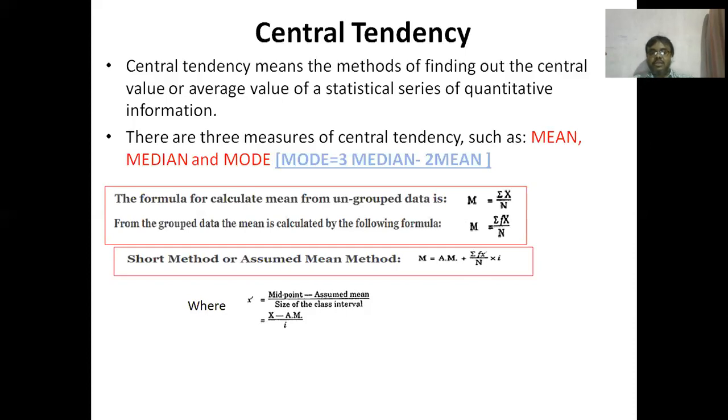You see, x dash is equal to the midpoint minus assumed mean by the size of the class interval, that is i. So we have to compute that. Once this x dash is computed, we put it into the original formula with n, AM, etc. in order to compute the final mean.